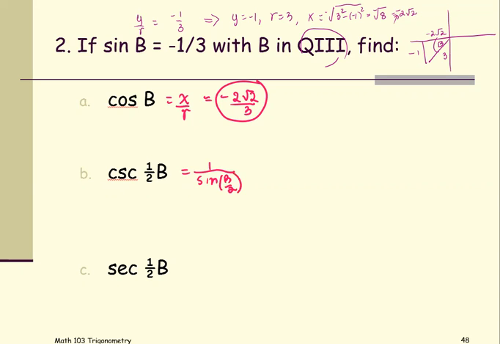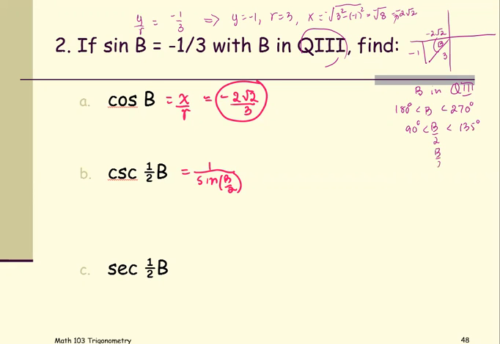Since B is in the third quadrant, let's analyze it a little bit. B in quadrant 3 is between 180 degrees and 270 degrees. Therefore, the half angle of B will be between 90 degrees and 135 degrees.